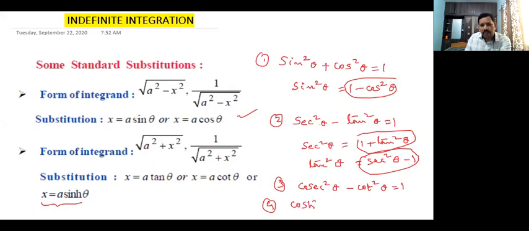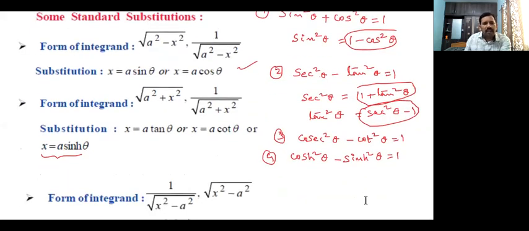Cos h square theta minus sin h square theta is equal to 1. With sin h square theta on the right hand side, we get positive. Okay, do you understand now? Under root a square plus x square, 1 by under root a square plus x square, means x is equal to a tan theta, x is equal to a cot theta, or x is equal to a sin h theta.